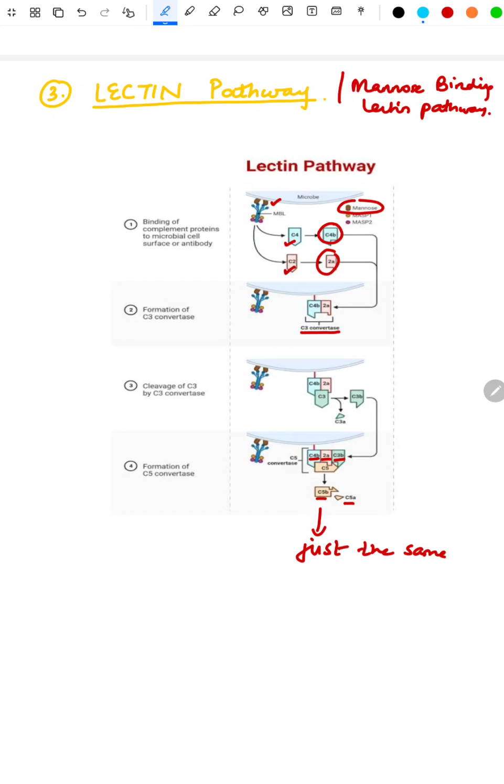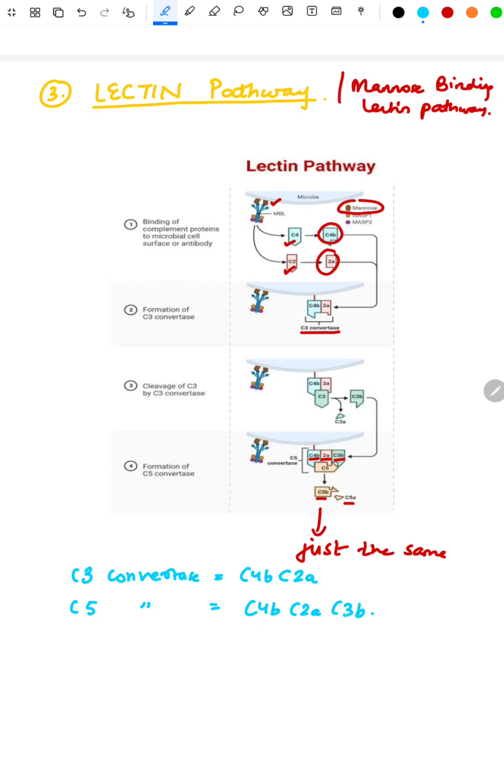So here the C3 convertase is the same as that of the classical pathway, that is C4b and C2a, and the C5 convertase is also just the same, that is C4b, C2a, C3b.